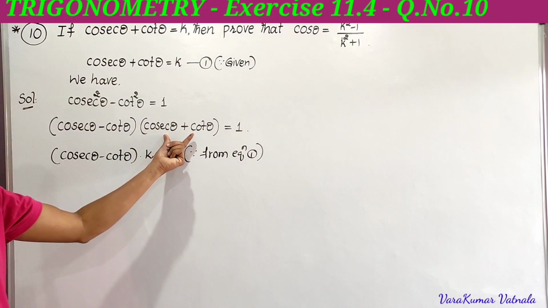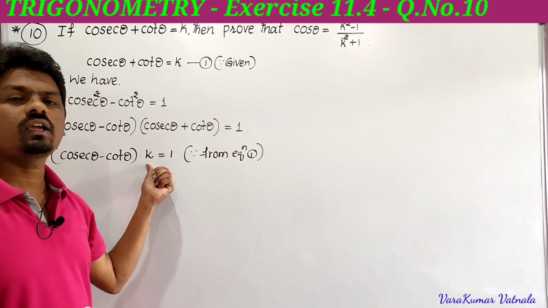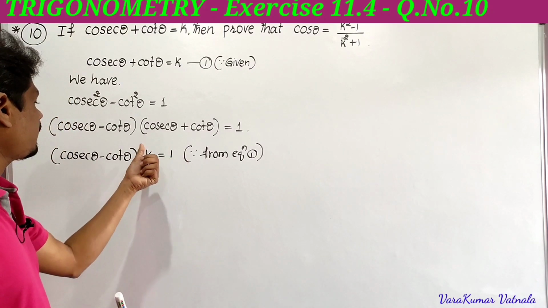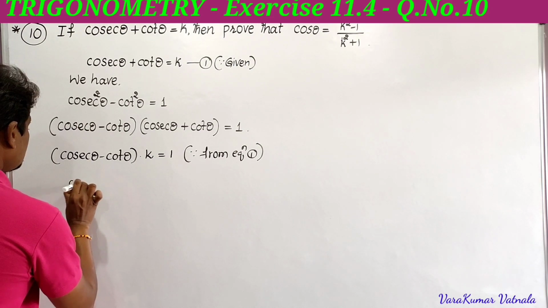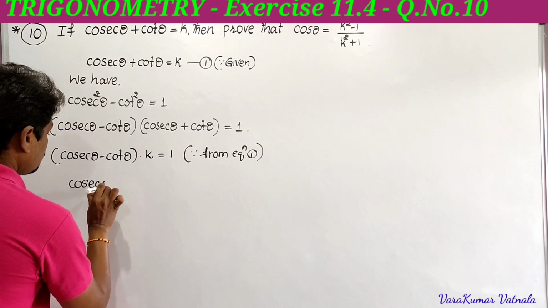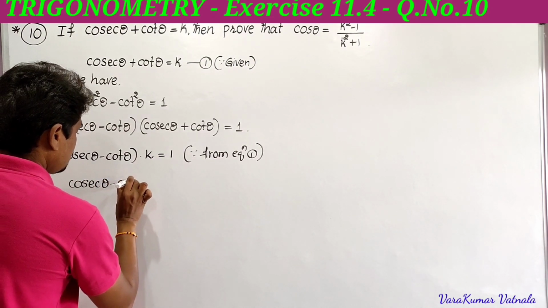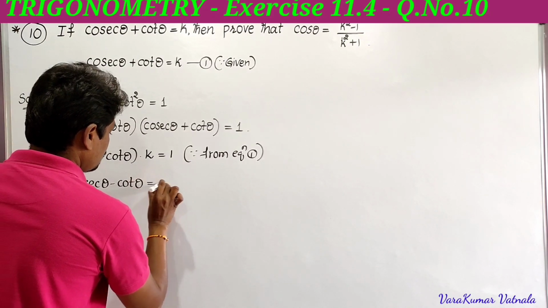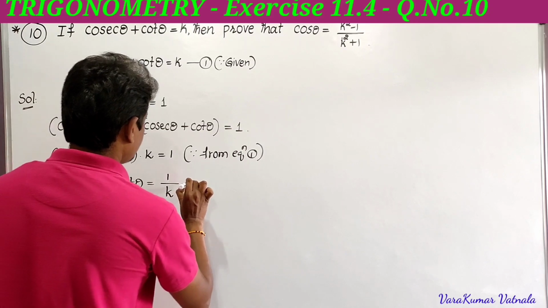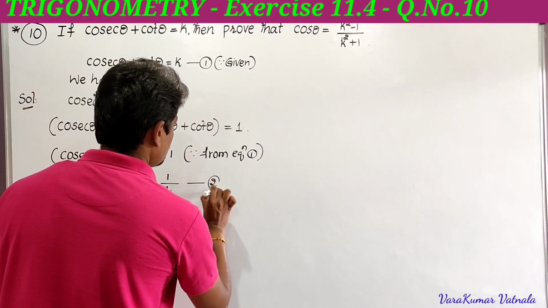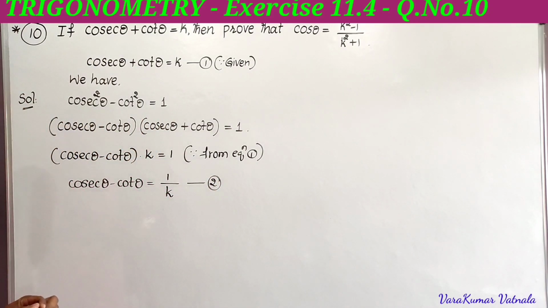So just take k to the right side. We get cosec theta minus cot theta is equal to 1 by k, because k is multiplying, and if you take it to the right side it becomes 1 by k. Let it be equation number 2.